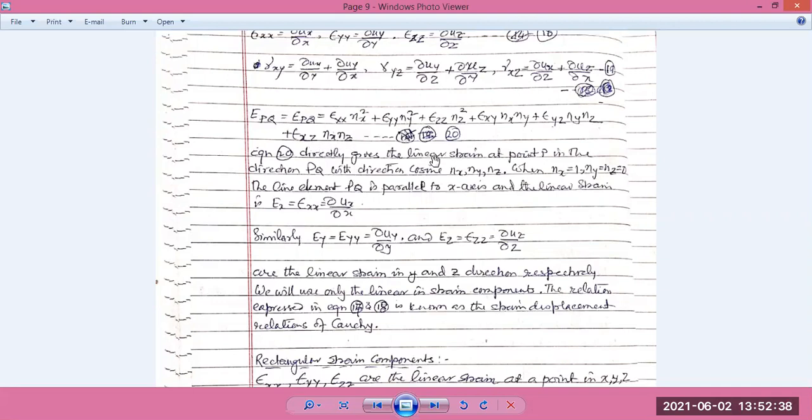So what we find here, nx is given as 0.6, so nx squared is equal to 0.36, and epsilon xx is given as 0.02.